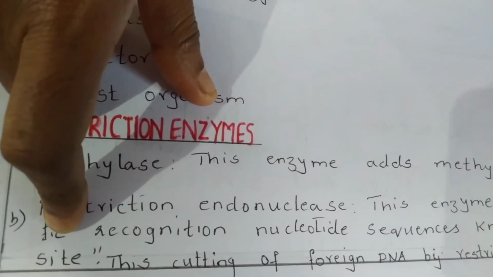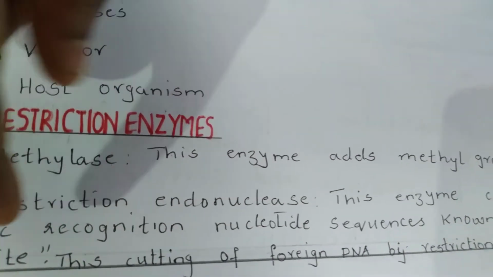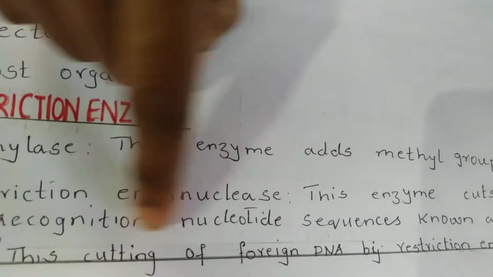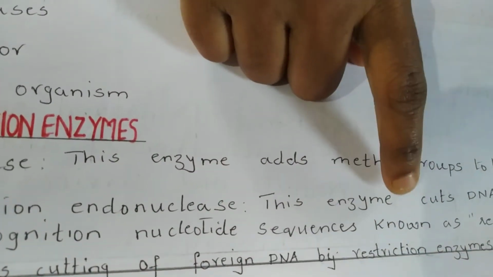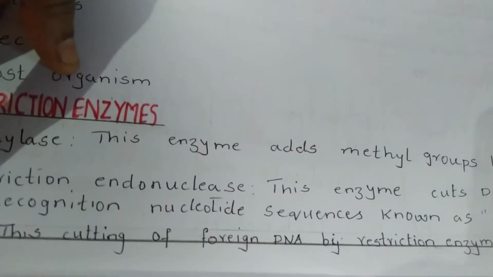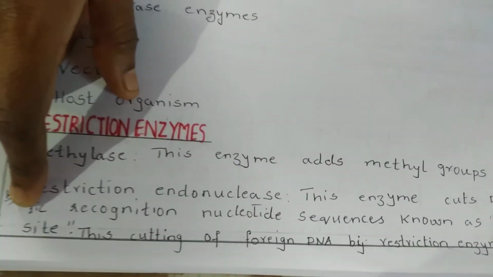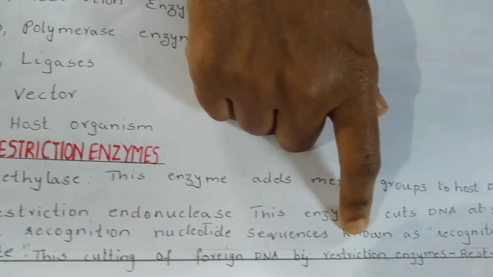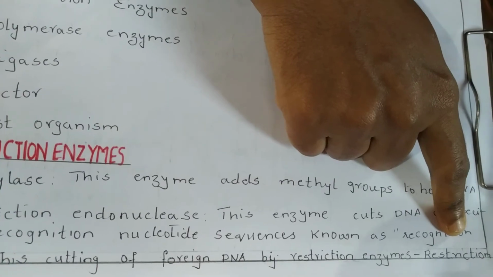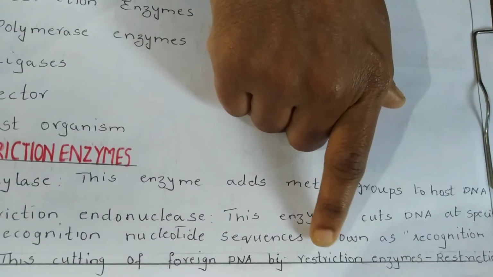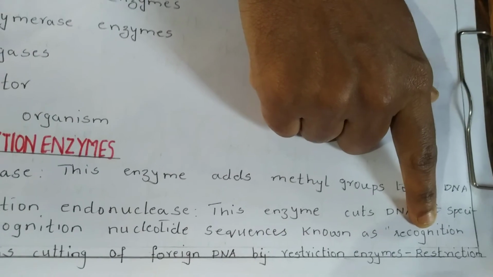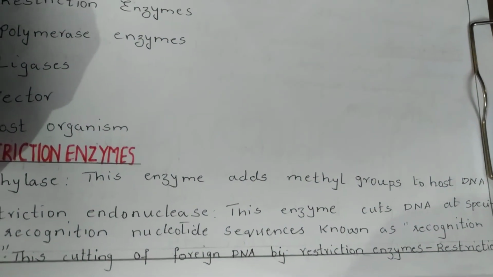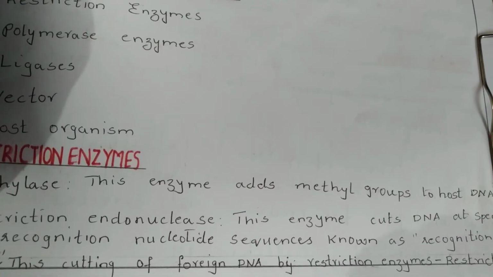So they cut the foreign DNA at specific locations, called recognition sites, and this cutting of DNA by the restriction enzymes is called restriction. These enzymes are used to cut the foreign DNA.